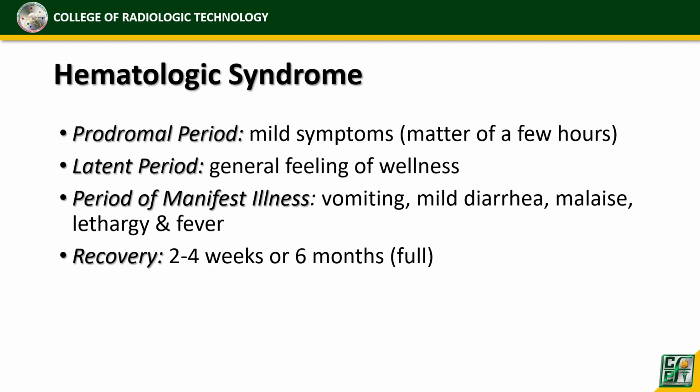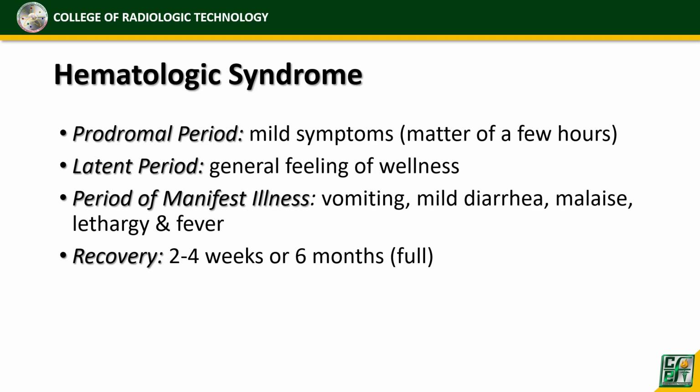So general feeling of wellness. Then after that, the period of manifest illness will happen, producing the following signs and symptoms: vomiting, mild diarrhea, malaise, lethargy, and fever. Recovery period is from 2 to 4 weeks to 6 months. Full recovery.